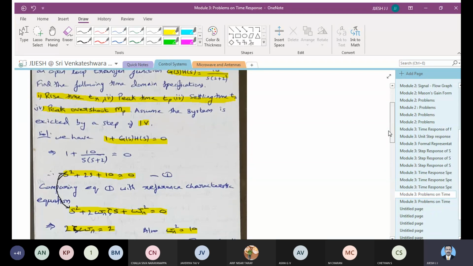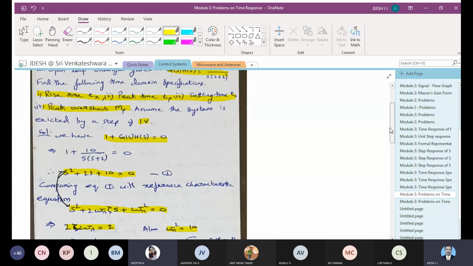So all of you will get zeta here. Anyone of you got zeta? Let me know whether the answer is correct. What is the value of zeta? See, omega n is root 10. So from that you can get zeta, 1 by root 10.